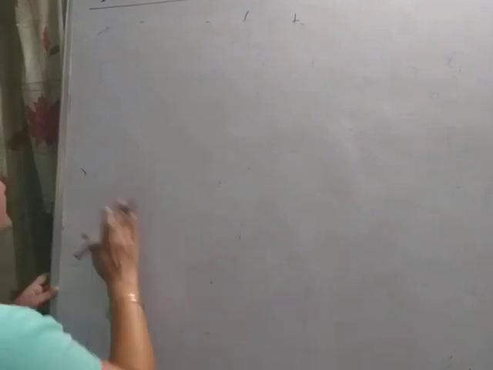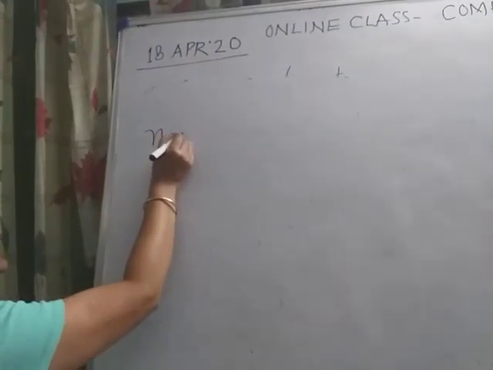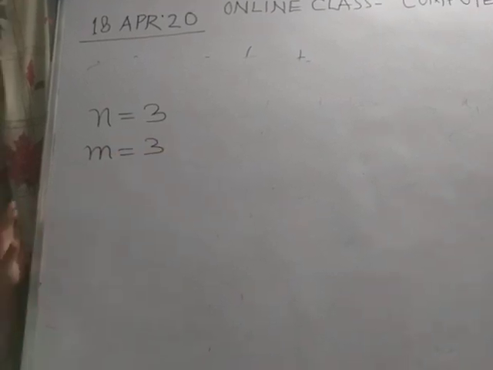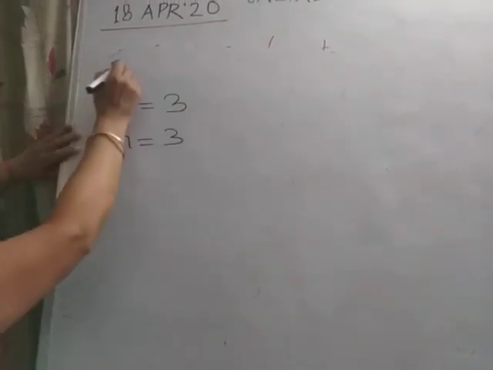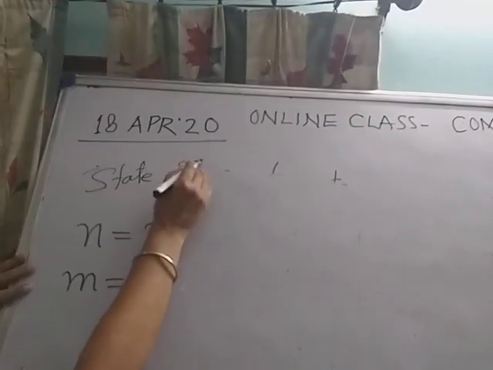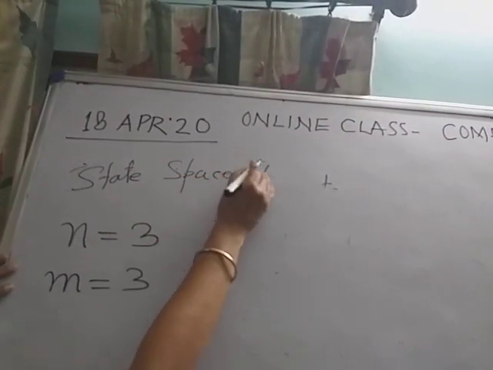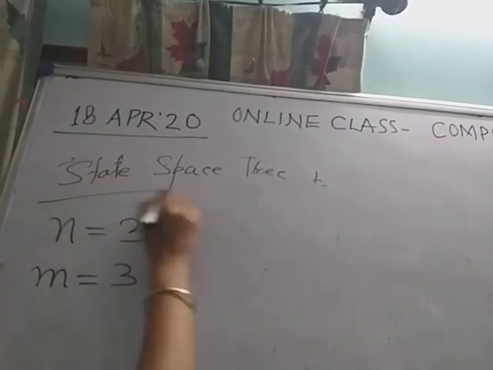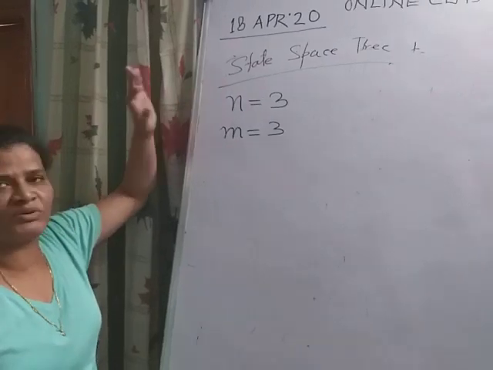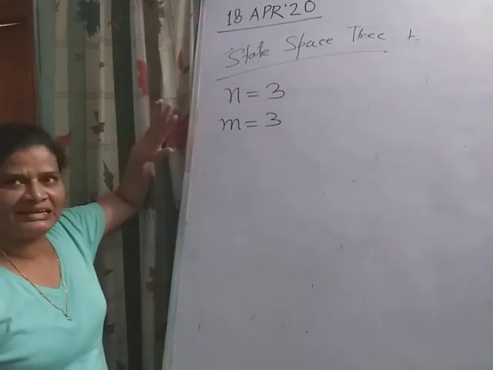So here I am taking n equal to 3 and m equal to 3, and drawing the state space tree for a graph with three vertices and 3 colors.